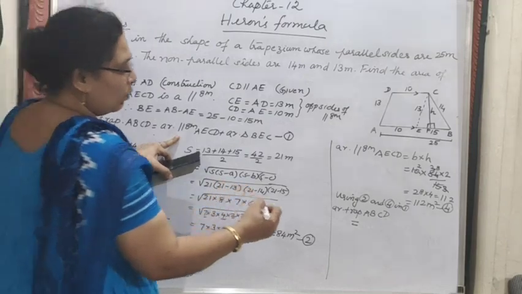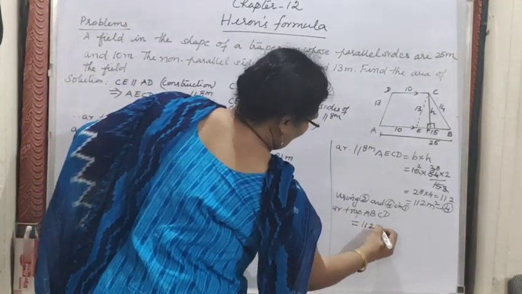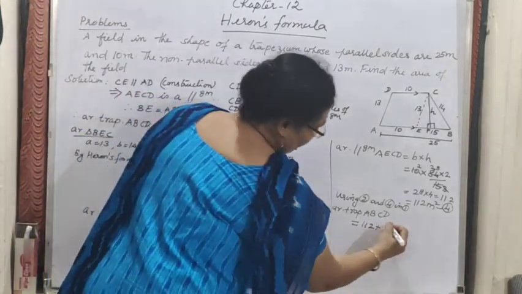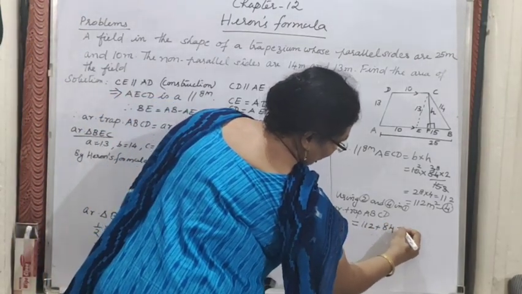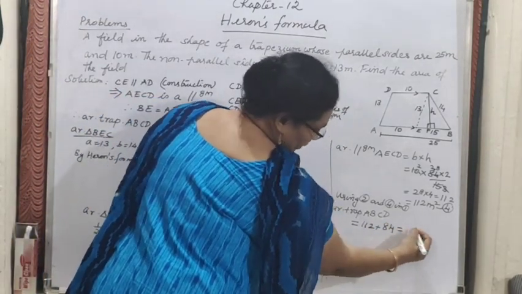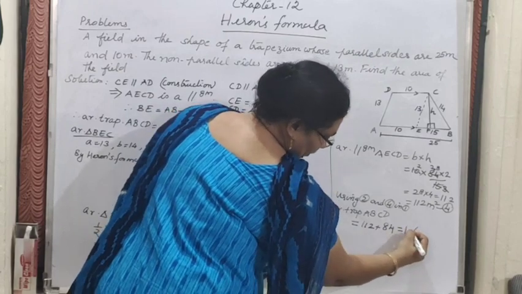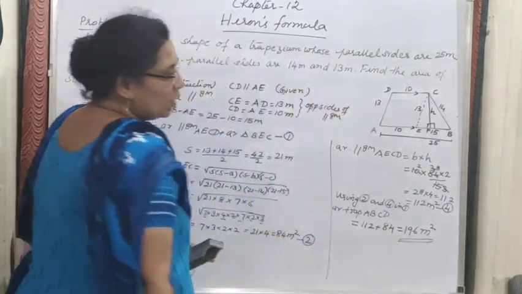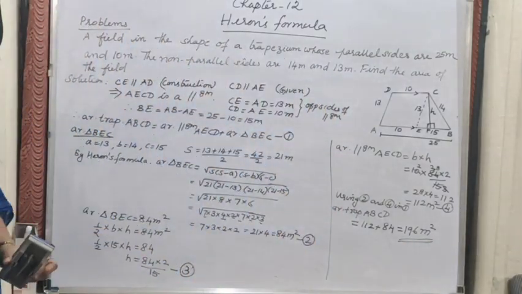Parallelogram's area, so 112. What is the second one? BEC. What is the answer? 84. So 112 plus 84, it is 196 meter square. So this is the area of the trapezium ABCD.